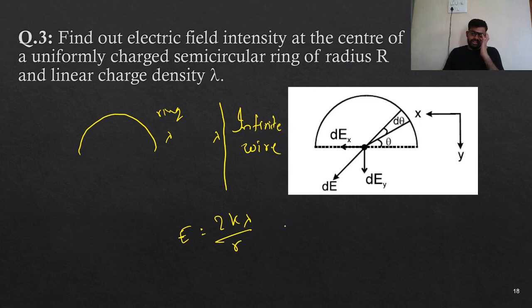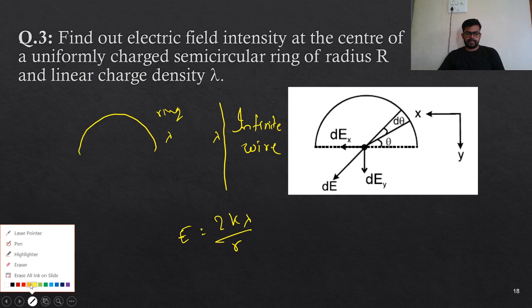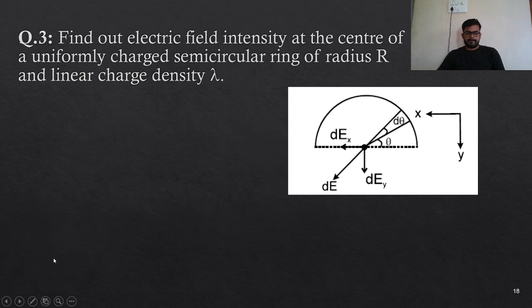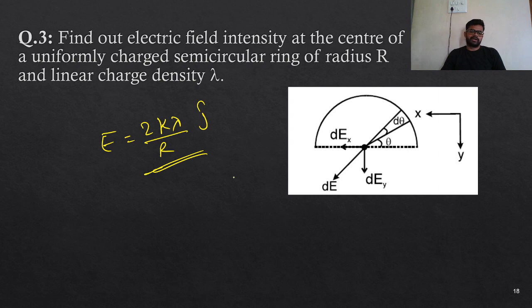So the same formula you will get for the semicircular ring or for the infinitely long wire. So what is the final answer you got? You got E is equal to 2k lambda divided by r in the j cap direction, downward direction.